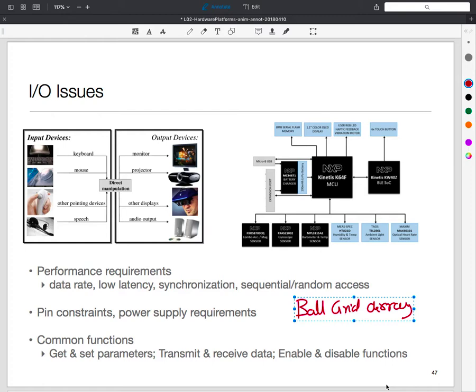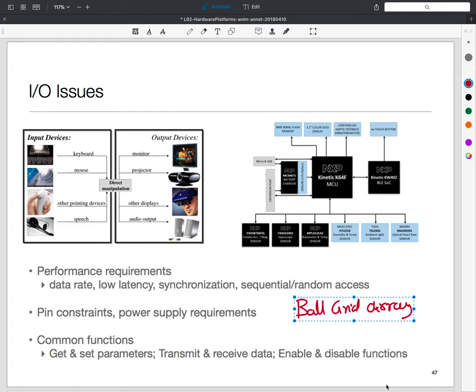Now, when we talk to devices at an abstract level, there are a few distinct functions that a software designer will have to do. One is that these devices tend to have parameters, for example the rate at which the sensor is sampling, or the rate at which the radio is sending out data, or the number of bits it uses to represent things. There are also parameters like the sensitivity of a sensor.